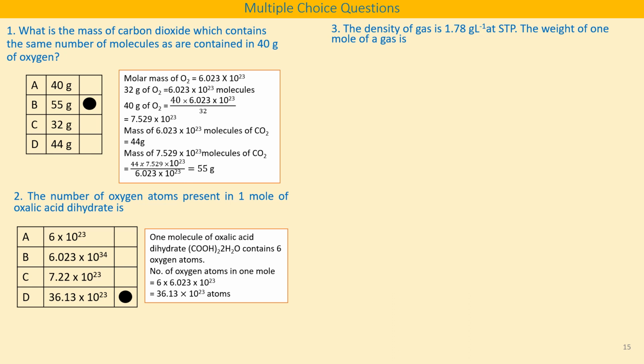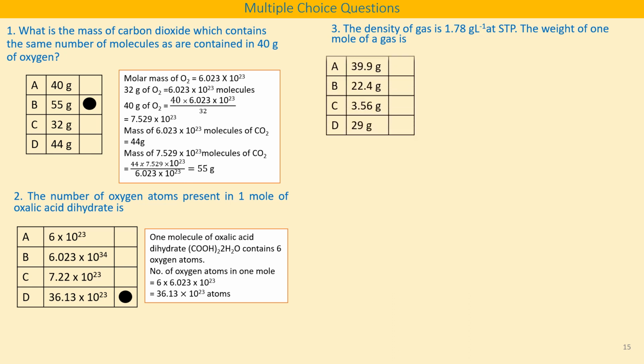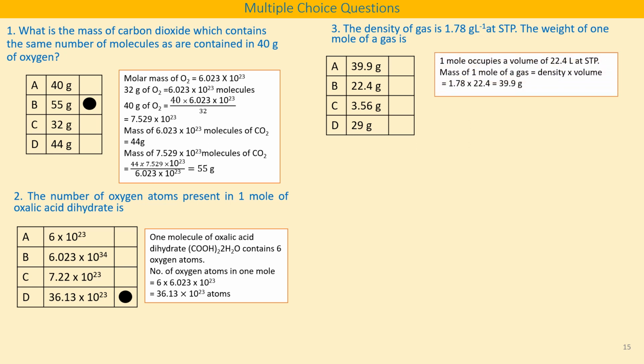The density of a gas is 1.78 grams per liter at STP. The weight of 1 mole of gas is, you are given 4 options. You have to analyze and mark the correct answer. 1 mole occupies a volume of 22.4 liters at STP.